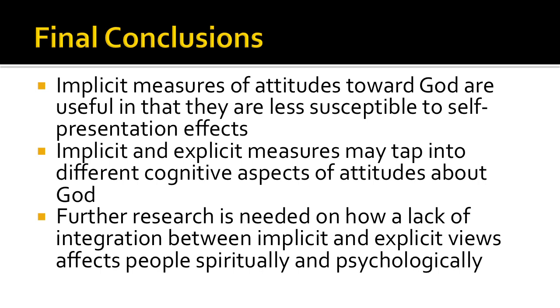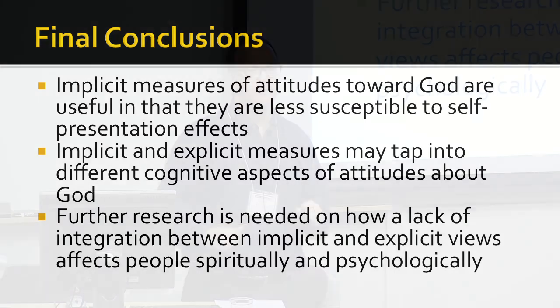And finally, because of my third research question, I really didn't find any difference if you had a discrepancy between your implicit and explicit. Further research needs to be done on this, and I actually have some experiments getting started now to look further at this. What if your implicit doesn't match your explicit?